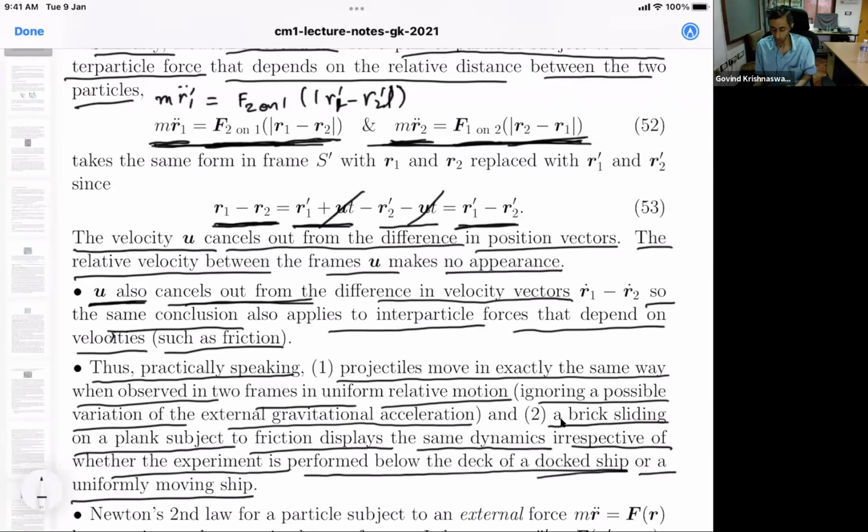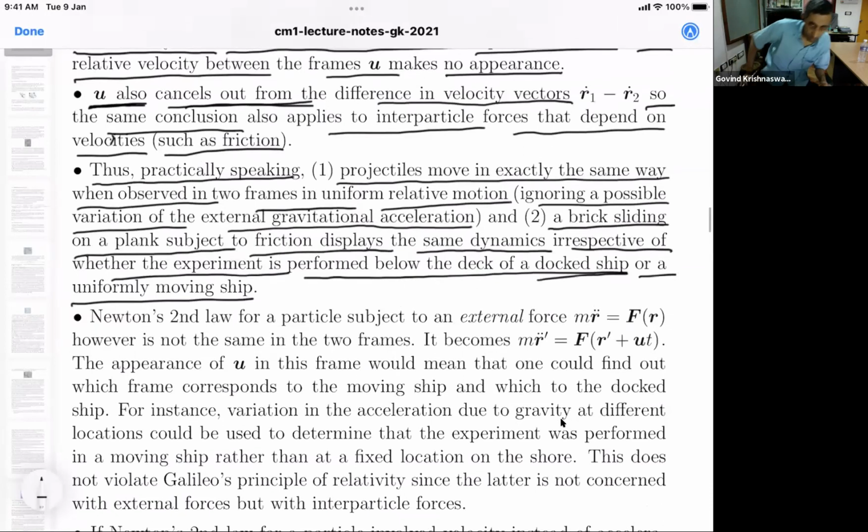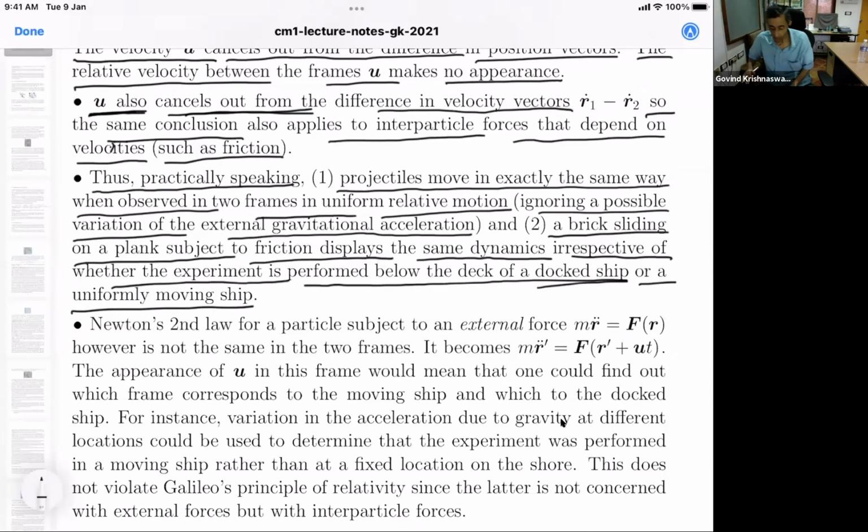Okay, so now to clarify further, I want to say what is not true. And that is equally important. So far, we have been talking about interparticle forces within that lab on the ship. On the other hand, Newton's second law for a particle subject to an external force.